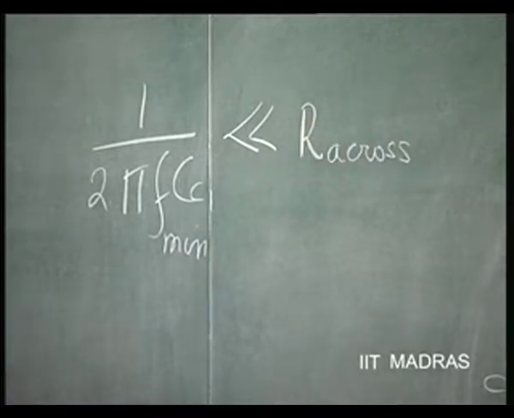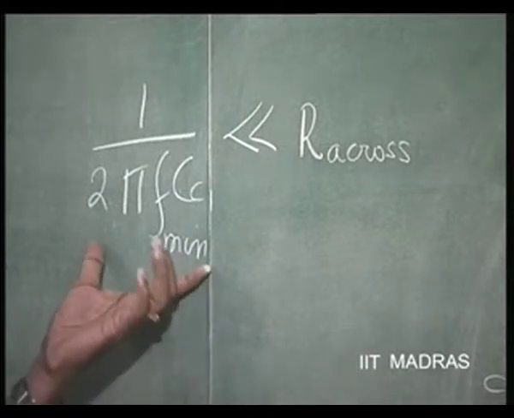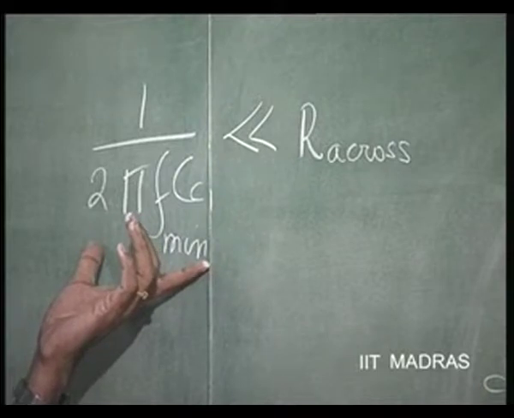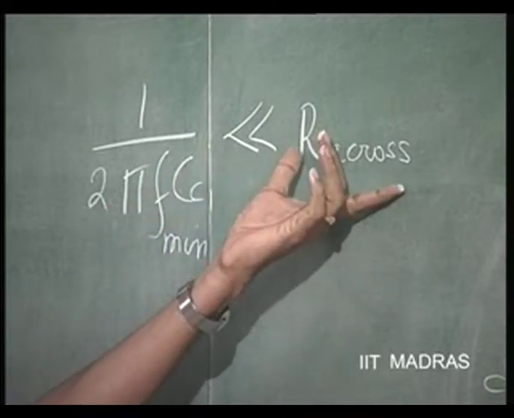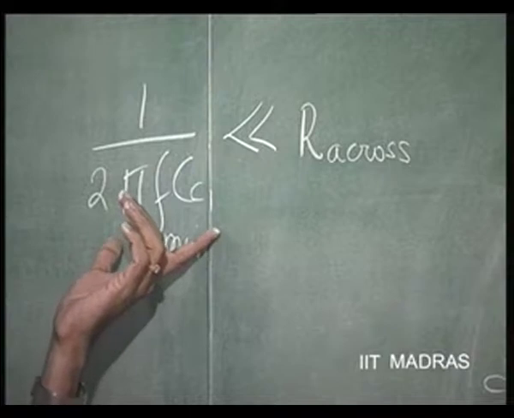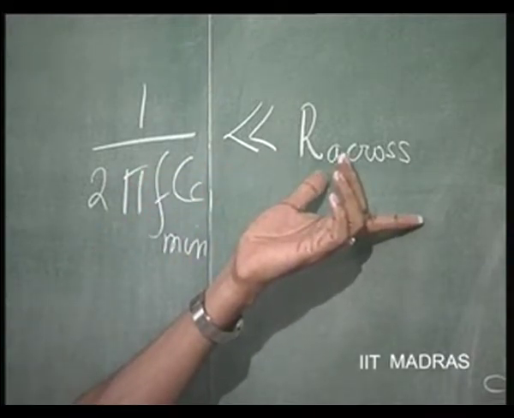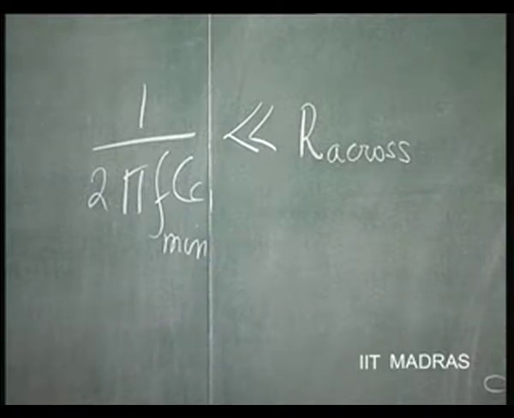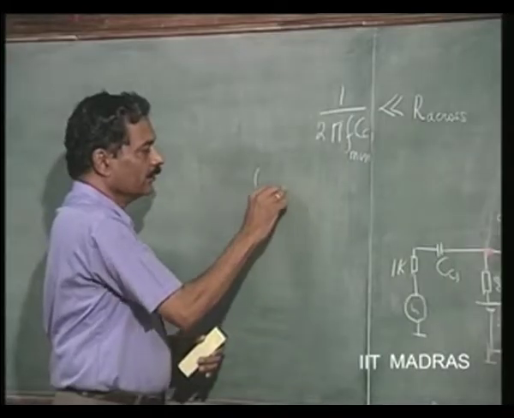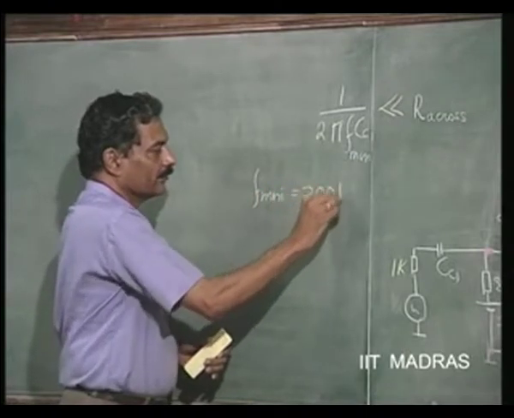This is the basic design rule. When we say much less, we will say 1/10. The resistance offered by these reactances should be 1/10 the resistance seen by these reactances. Right. Now let us find out in each of these cases what this resistance is going to be. Let us assume that F minimum is 200 hertz.